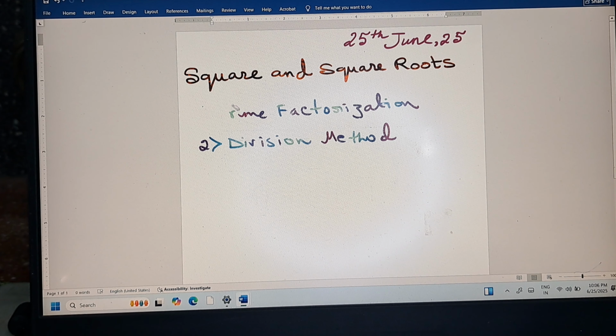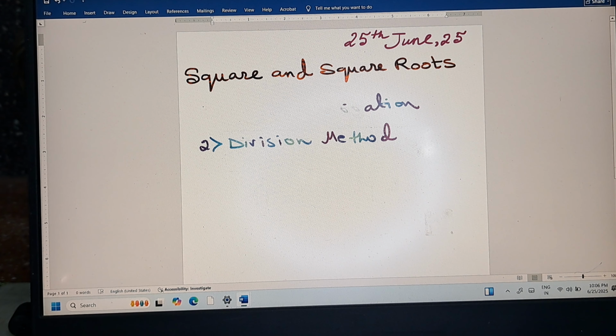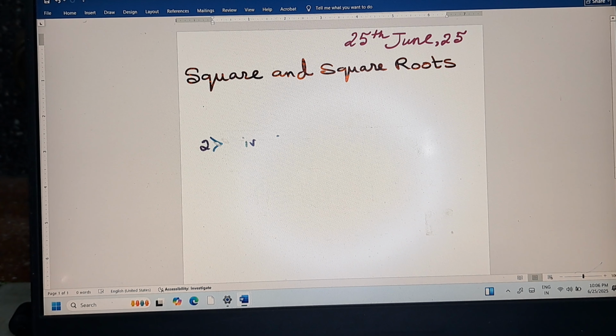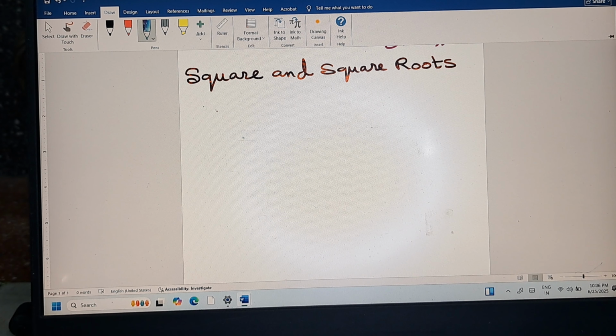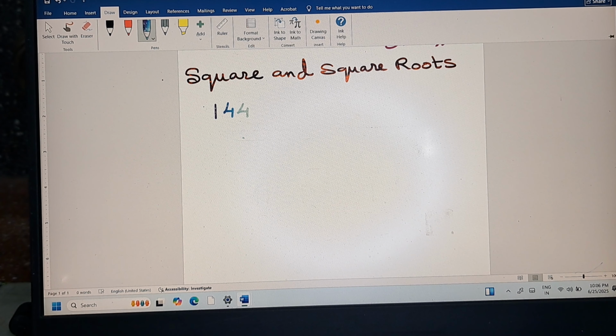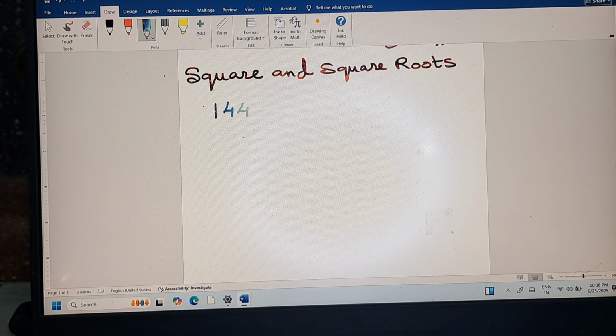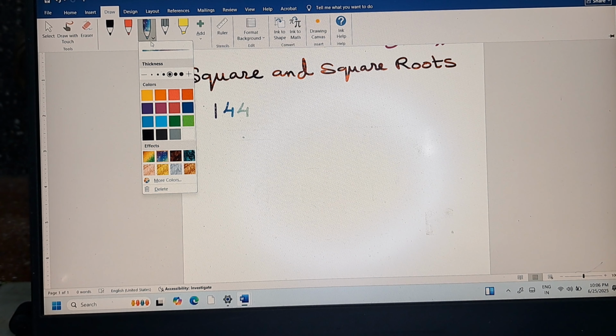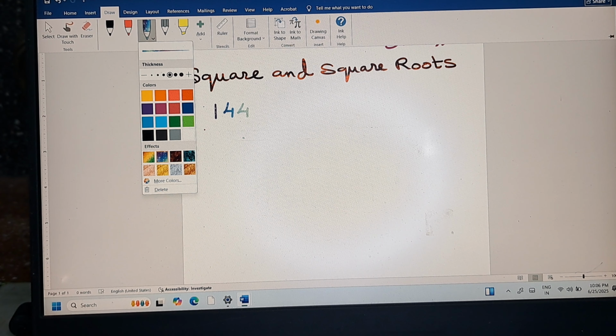So let us check with an example. I'm going to take the number 144. So how many digit number? It's a 3-digit number. So this 144, we will find the square root of 144 in 2 different methods.